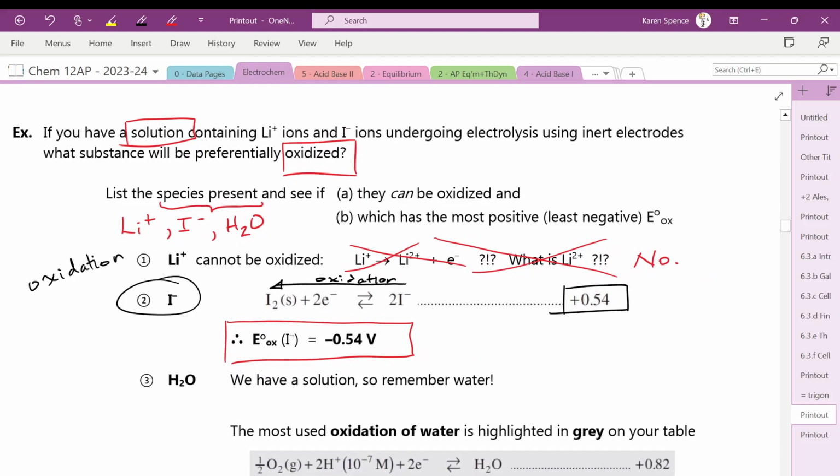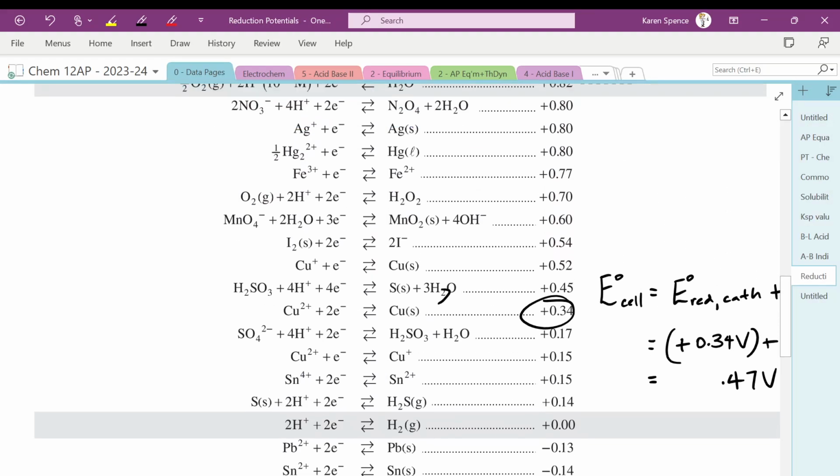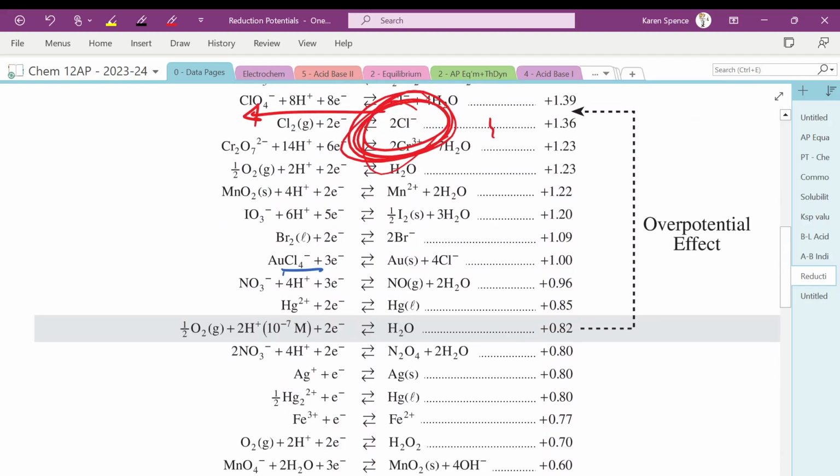We also need water because it's a solution. Please go find water being oxidized on your table. We have to look for water on the right-hand side.